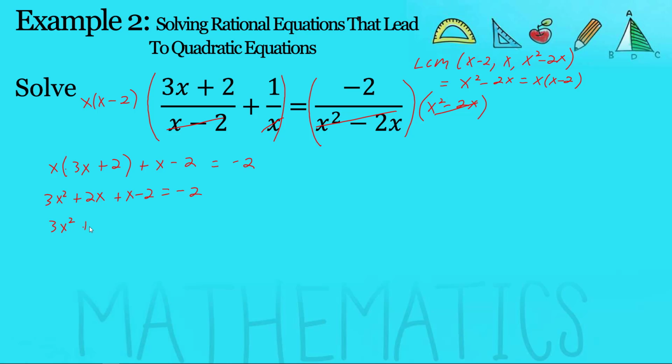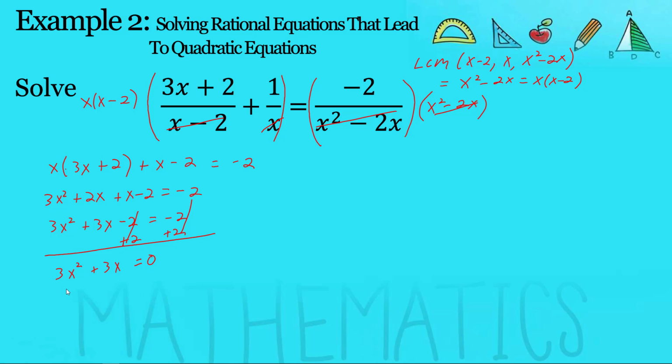Combining these two will give me 3x minus 2 is equal to minus 2. Now I can use my add property and add 2 to both sides of the equation. If I add vertically, these will cancel. I will have 3x squared plus 3x is equal to 0.